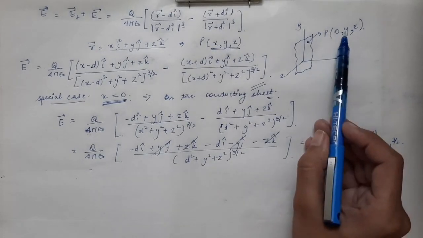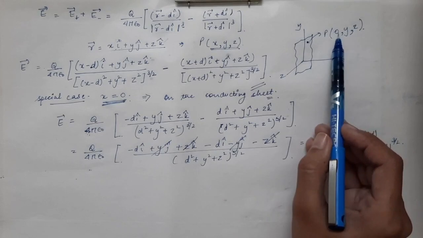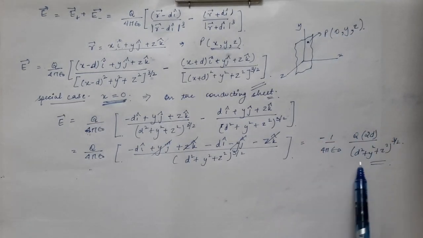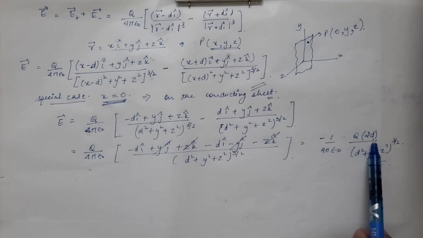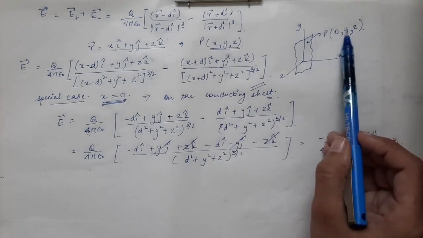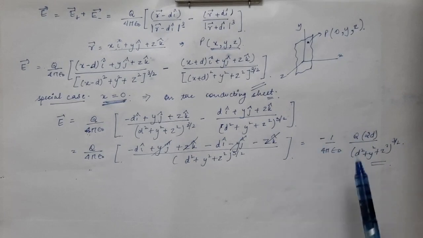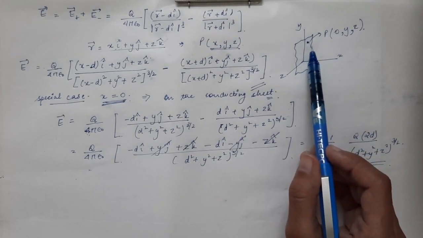So if you are given the point 0, 1, 2 in the numerical, you can insert these values of y and z over here, and the value of d will already be given. So you know q, then d, and y and z can be found from the coordinates of the observation point. Then you will get the electric field at that particular point on the conducting sheet.